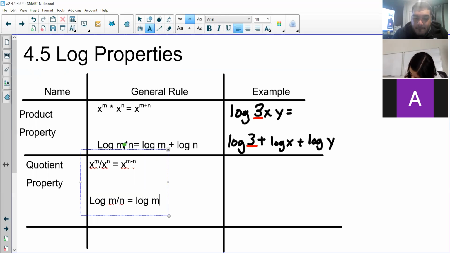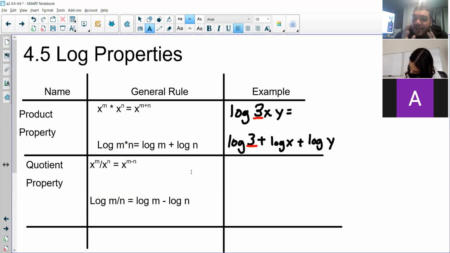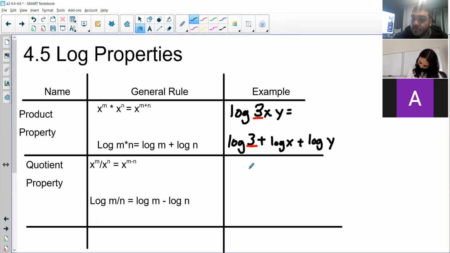Log m minus log n. Good. So it just matches the same pattern as exponents. That's why I said if you knew your exponents, you'll have no problem here. So this is the new rule right here, the log part.